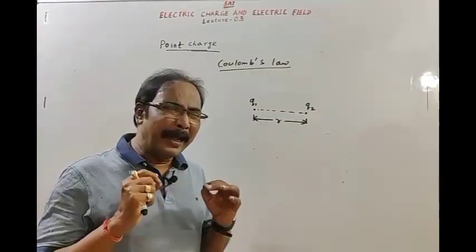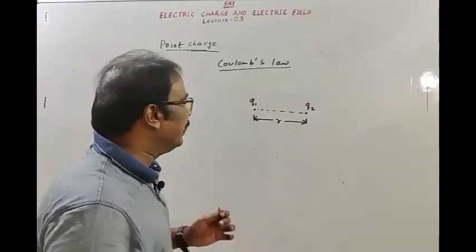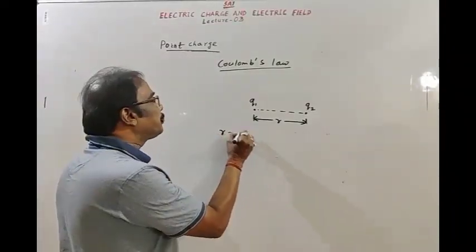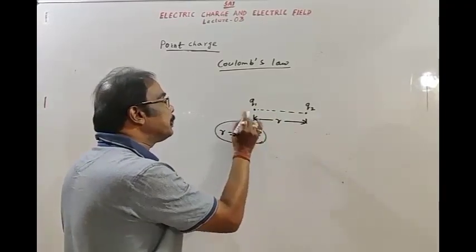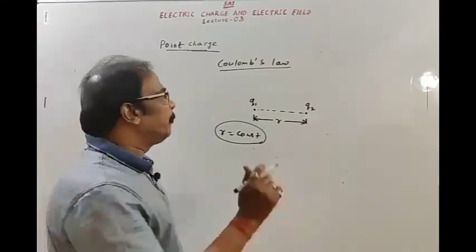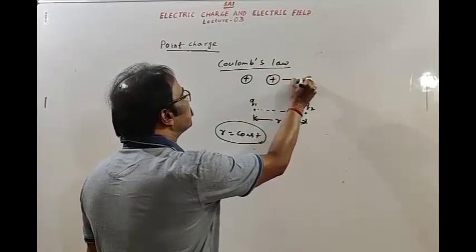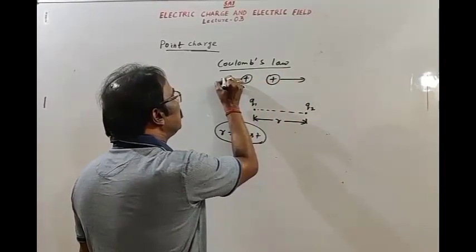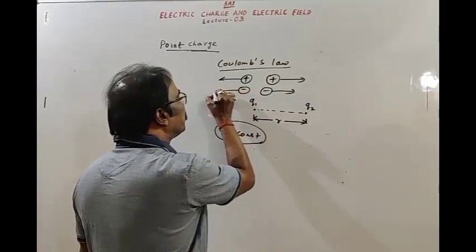So what were the experiments, the different types of observations? Keeping the distance between two charges constant, as you know previously, between similar charges, positive or negative, there will be repulsion.